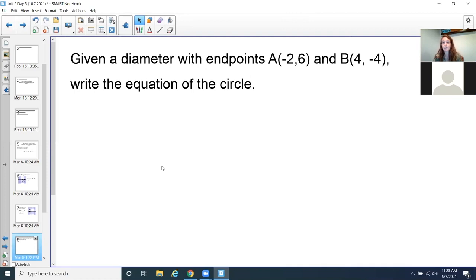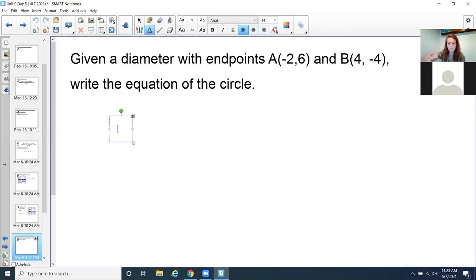And a lot of people are telling me to find the midpoint. You can find the midpoint first and then the distance formula, or the distance formula first and then the center. It's pretty much the same thing, just whichever order. I'm going to say let's find the distance first.